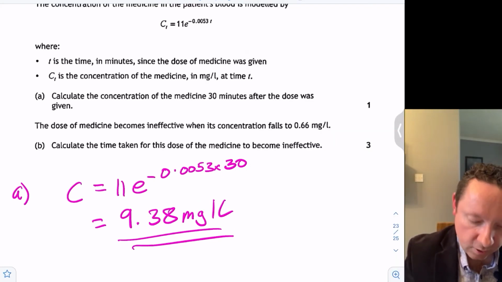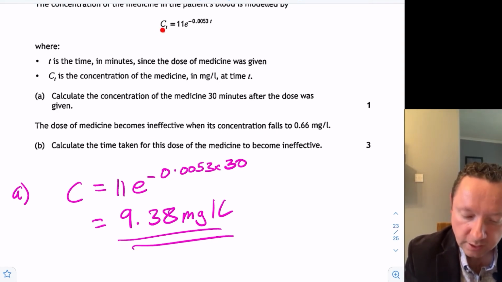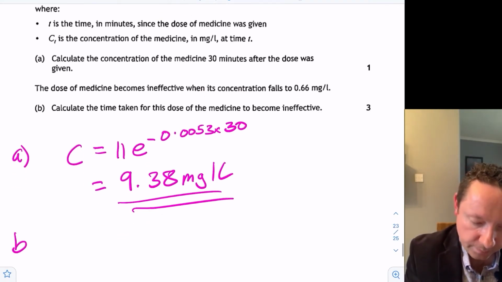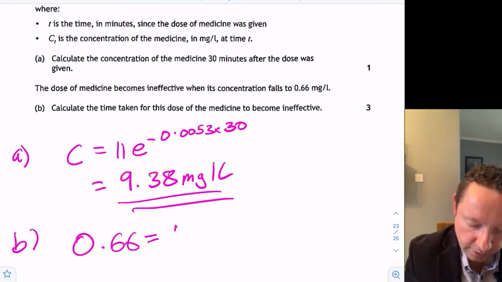Okay. Part B, calculate the time taken for this dose to become ineffective. And it says that the dose becomes ineffective when the concentration falls to 0.66. So all we're doing is subbing in 0.66 to here and solving the resultant equation. So for part B, I'm going to write 0.66 equals 11 e to the minus 0.0053t.